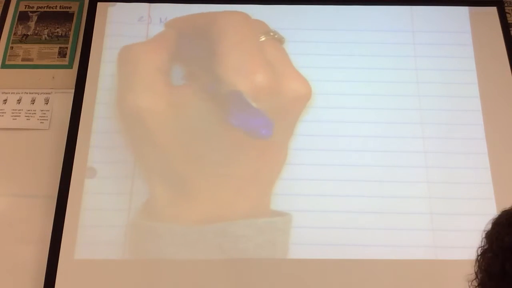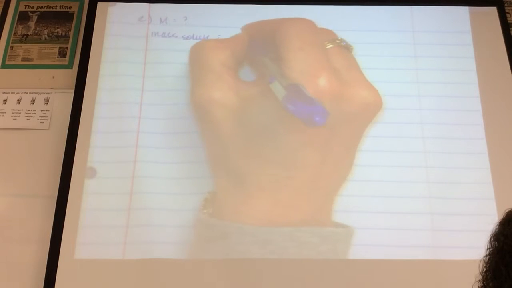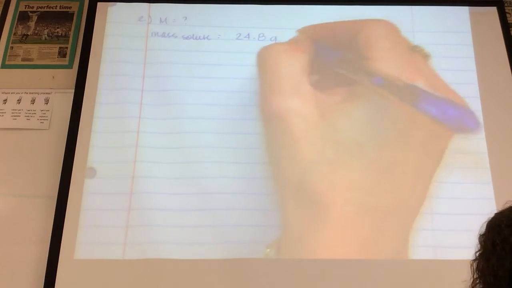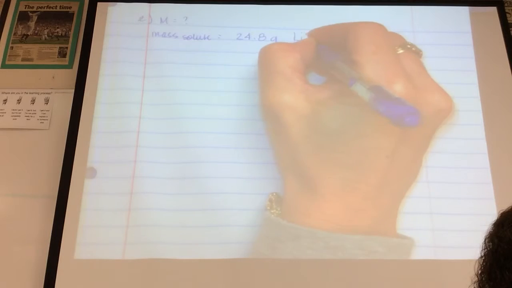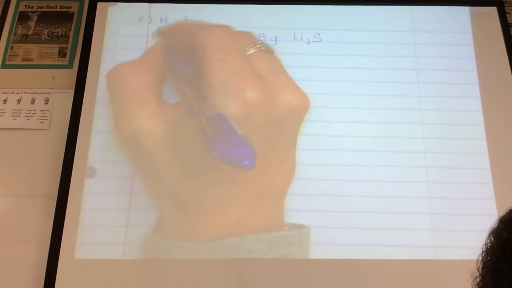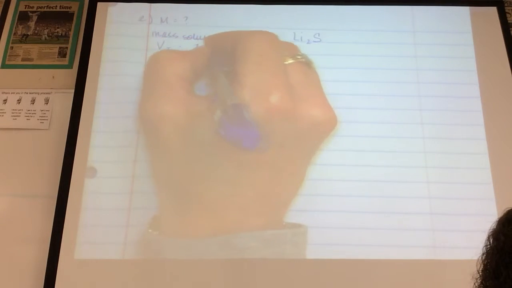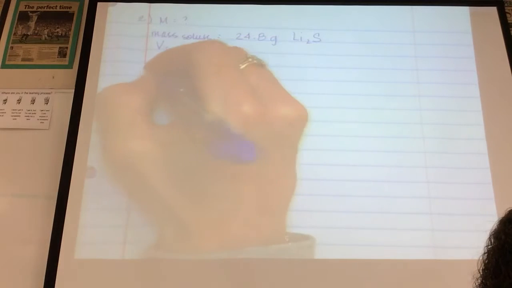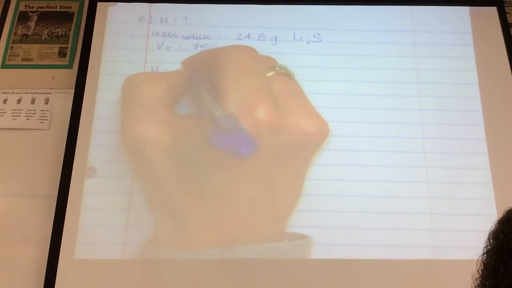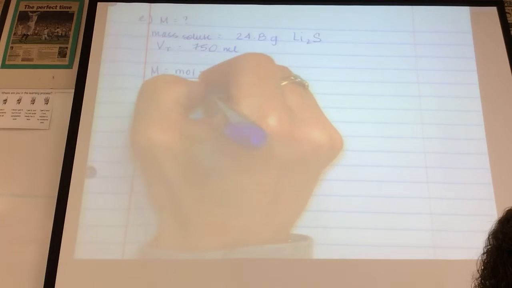We want to know the molarity, the mass of solute, 24.8 grams. I know molarity is moles of solute over the total volume in liters.